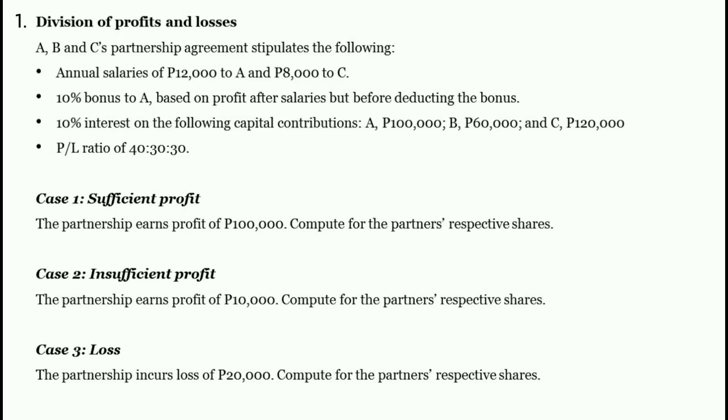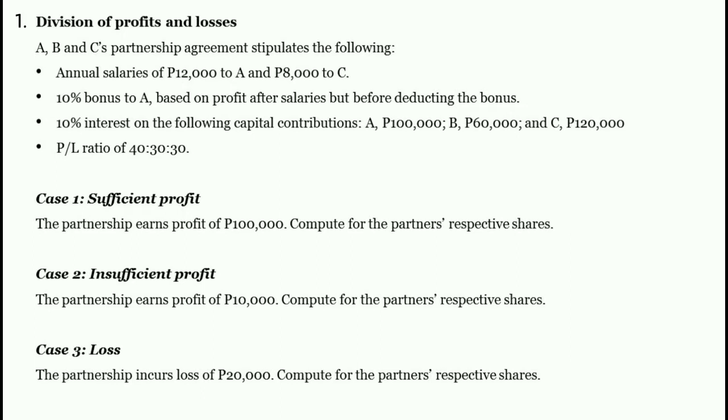Annual salaries of 12,000 pesos to A and 8,000 pesos to C. 10% bonus to A based on profit after salaries but before deducting the bonus. 10% interest on the following capital contributions: A, 100,000 pesos, B, 60,000 pesos, and C, 120,000 pesos. Profit or loss ratio of 40 to 30 to 30.